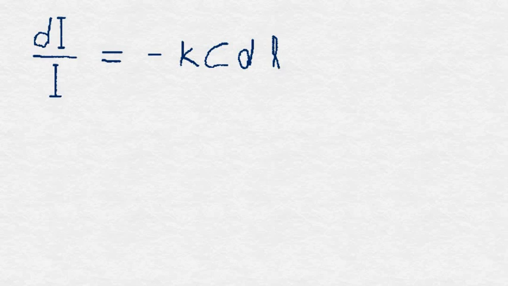Integrate from the starting point to the end point, meaning when length was 0, that is the starting point, and after passing, the total length becomes L. We need to integrate it from I0 to I. I0 is the incident light and I is the transmitted light.